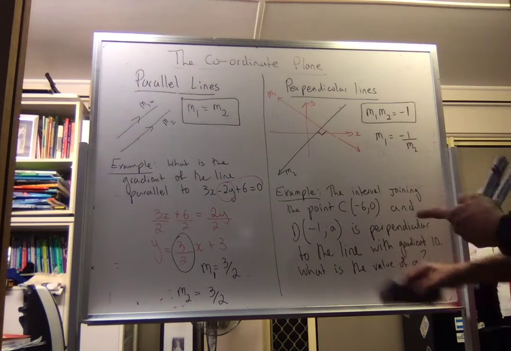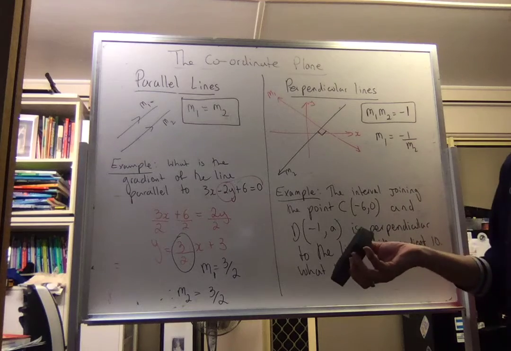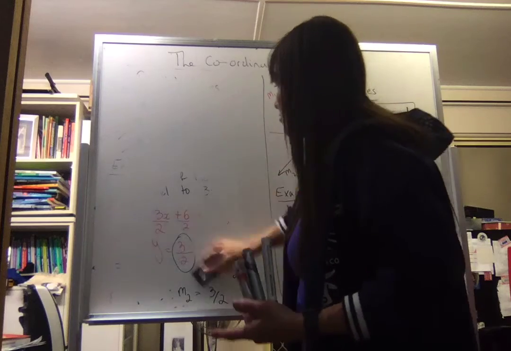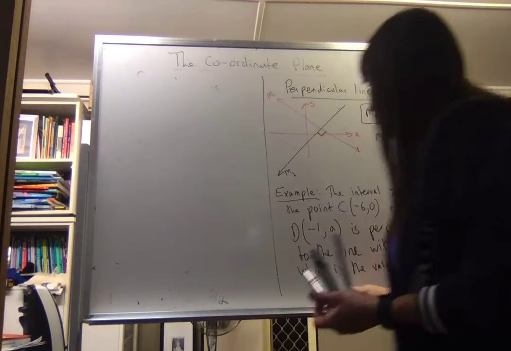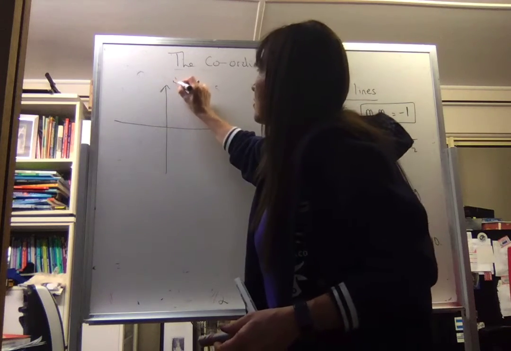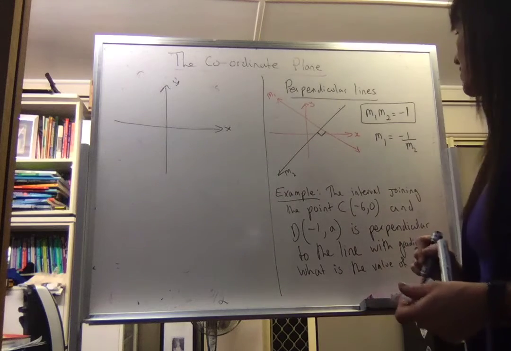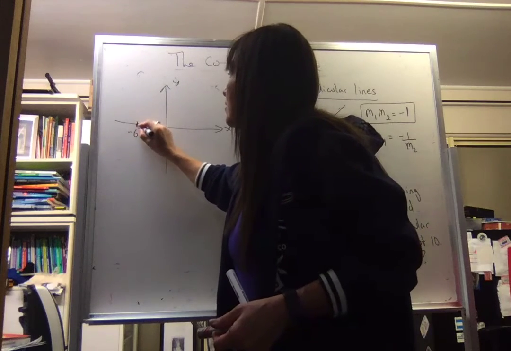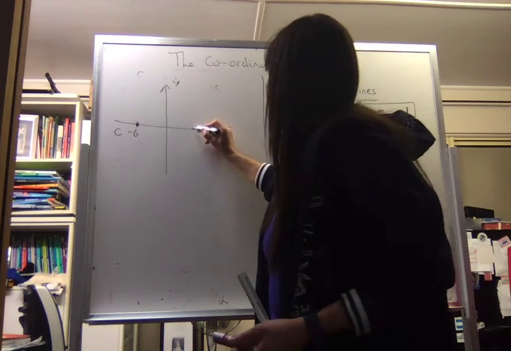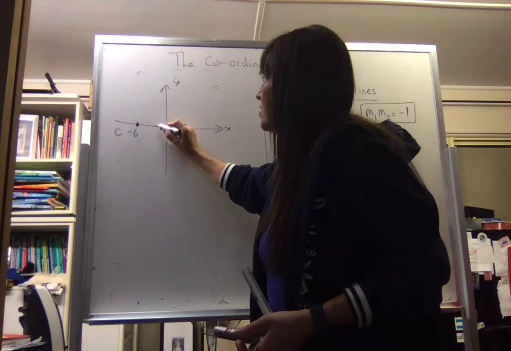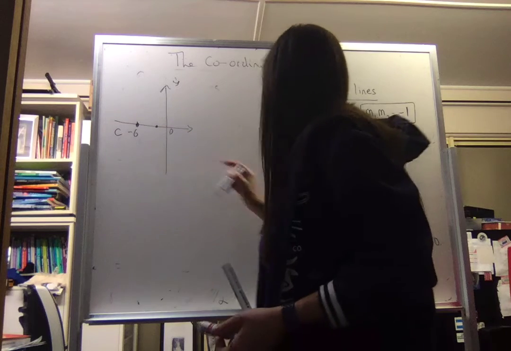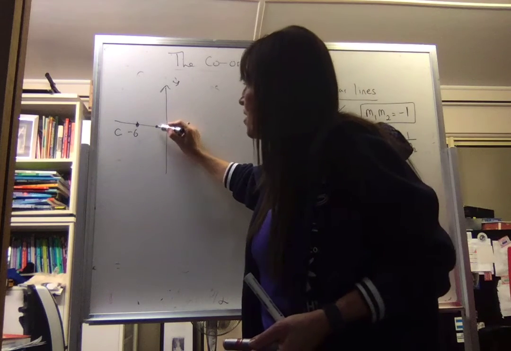I'm going to quickly sketch what we have here so it makes sense to you what the question is asking. Point C is -6, 0. There's C. And D is -1, a, so it's somewhere over here. We don't know if it's a positive a or negative a yet, but we'll see.